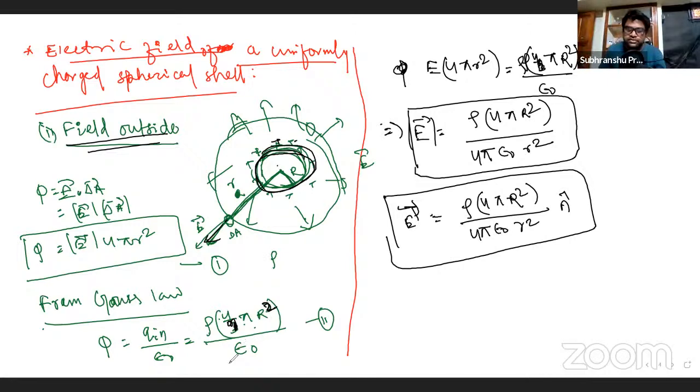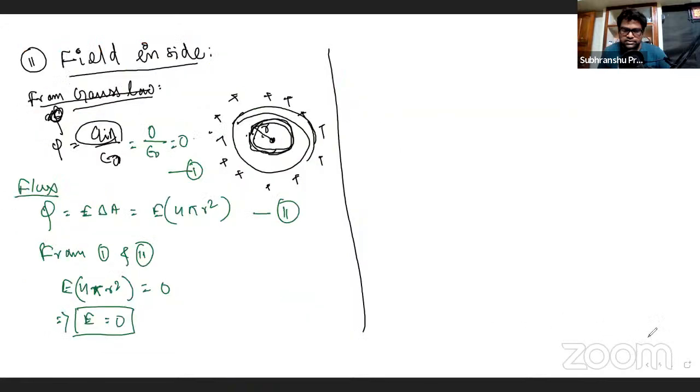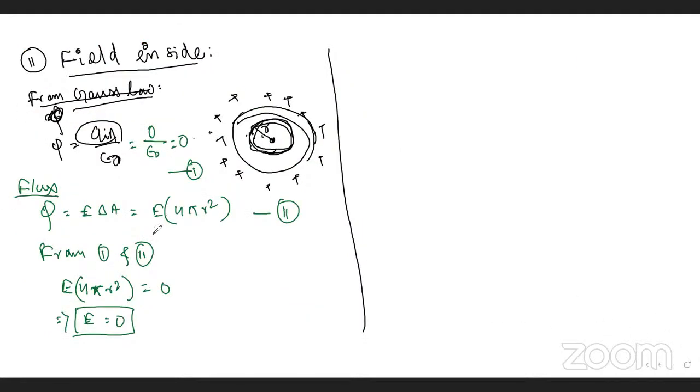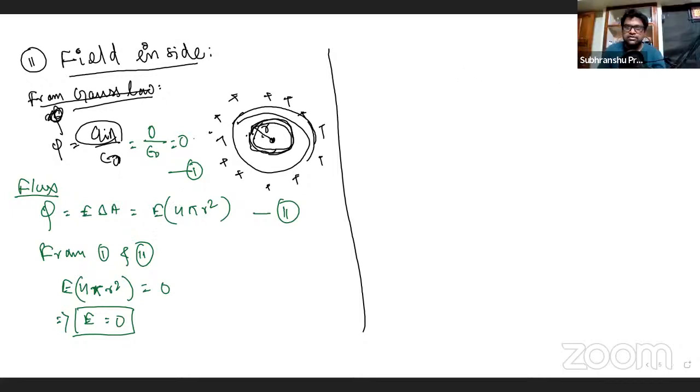What is the conclusion from this discussion? The field outside and the field inside the cell. The conclusion is about the electric field outside a spherical cell.